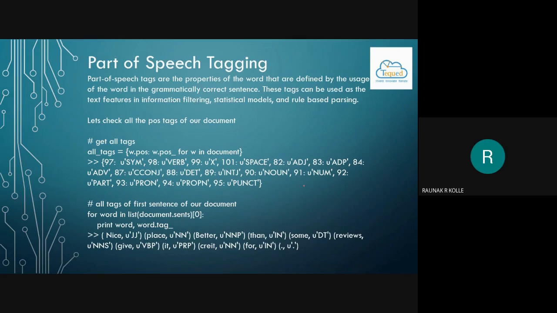All the tags of the first sentence of a document are considered now, where we run a for loop for the first sentence in our document and print the word tags. Where we have nice as an adjective, place as a noun, and so on.